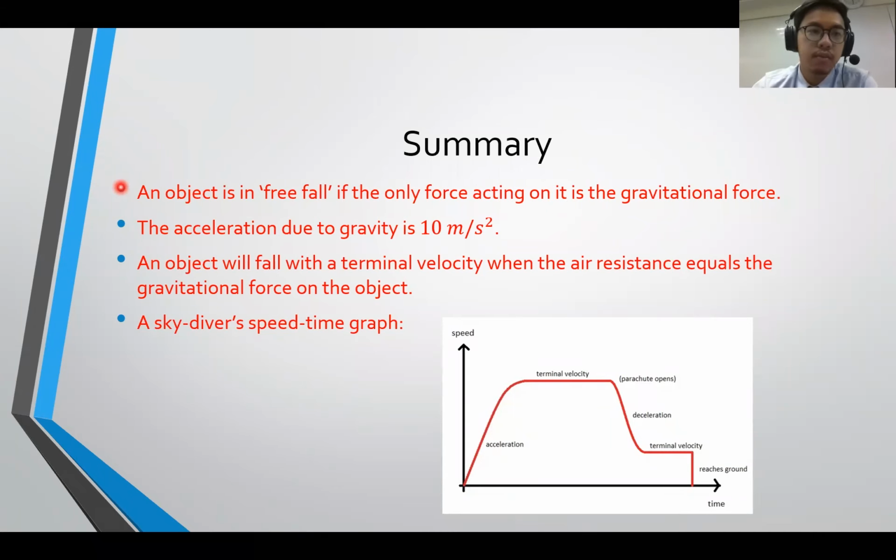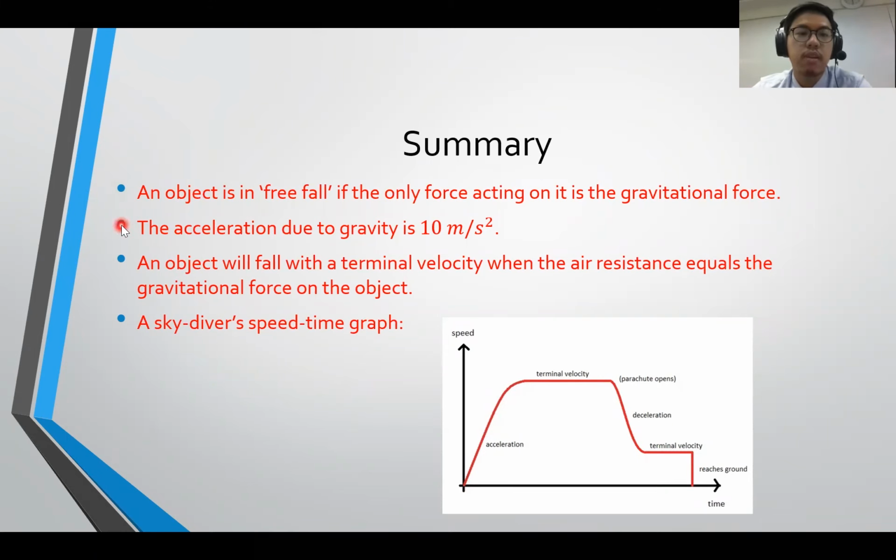True free fall only happens when only gravitational force is acting on a falling object. But on Earth, because we have air around us, because there is air resistance, things falling on Earth are not actually truly in free fall. You can only get true free fall if you don't have air resistance, like for example on the moon or in space.